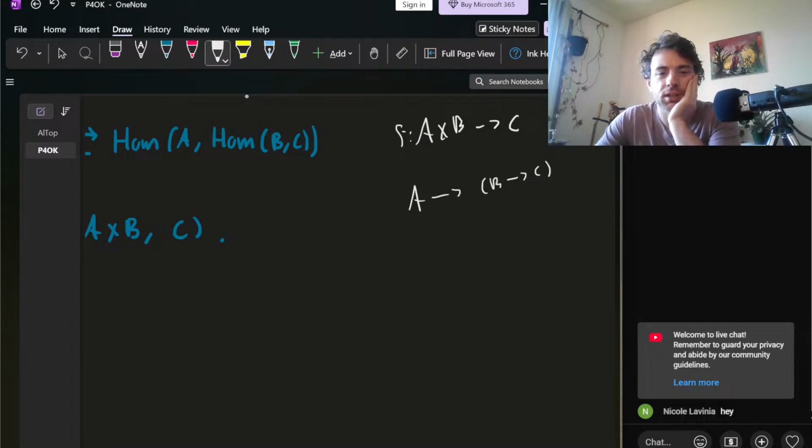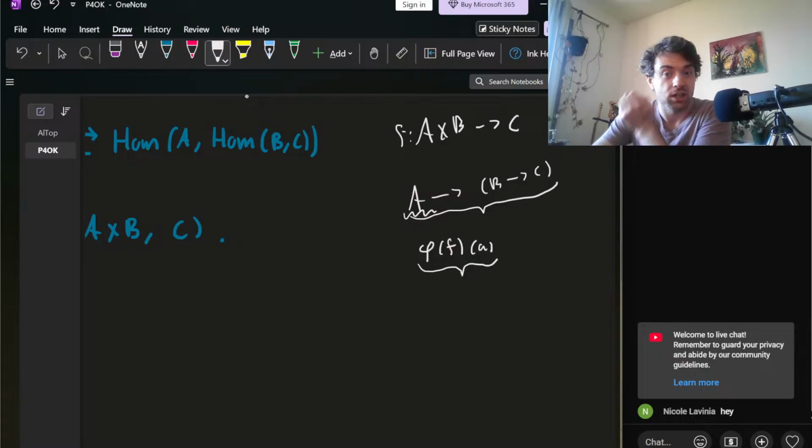So that means this target, if I apply my map phi to f, it should be one of these functions, which means that for every element a in A, now this thing should be a function from B to C.